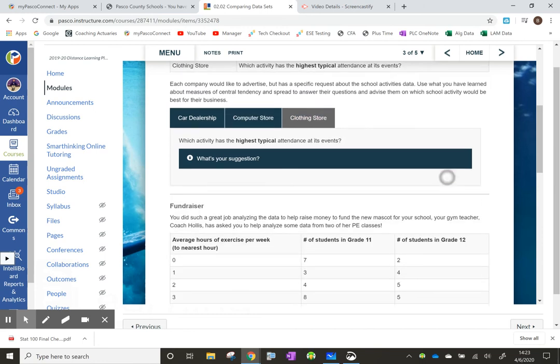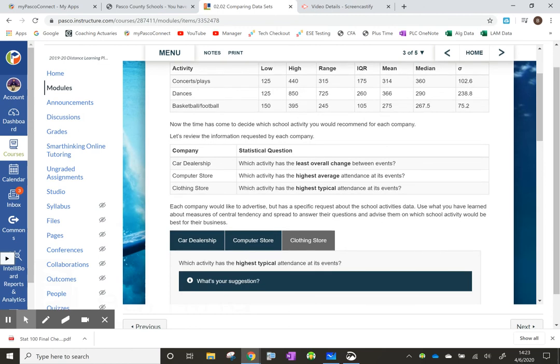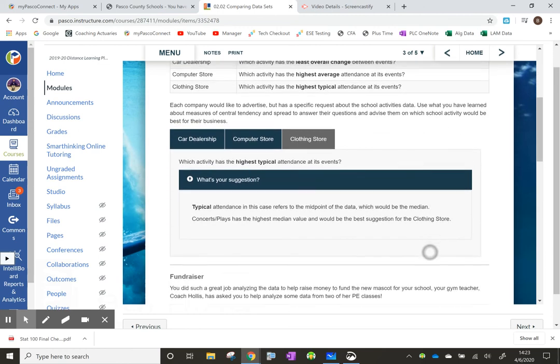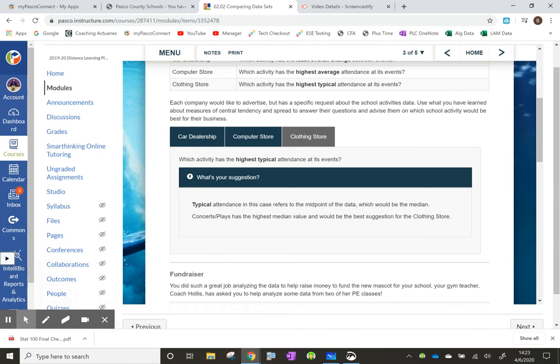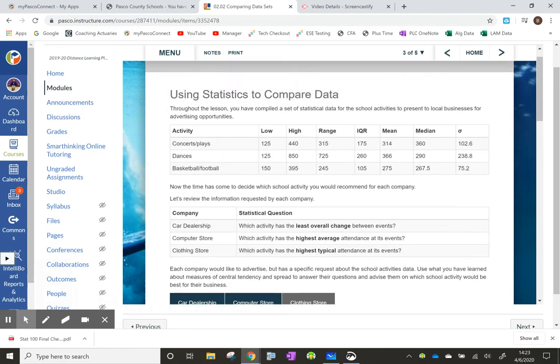The clothing store wants the highest typical attendance at its events. The highest typical attendance can be determined by the median. So the median in this case, concerts and plays, wins as well. Because if you look at the median, concerts and plays wins that one, 360, beating the 290, 267.5.